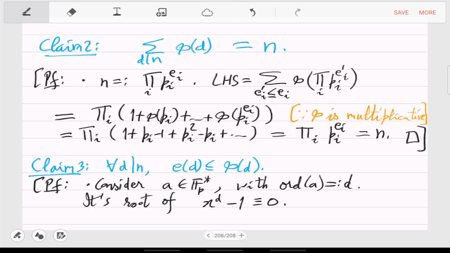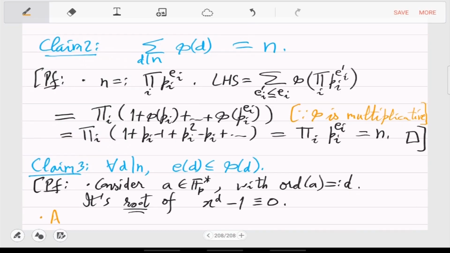Okay, the interesting thing is, can you tell me the other roots of the x to the D equal to 1 equation? If I give you A, can you find all the roots? There can be at most D roots, right? Can you find all the D roots from A? For example, is A square a root of x to the D equal to 1?